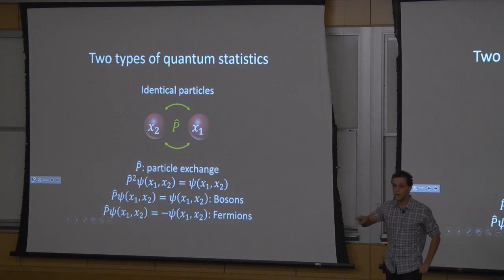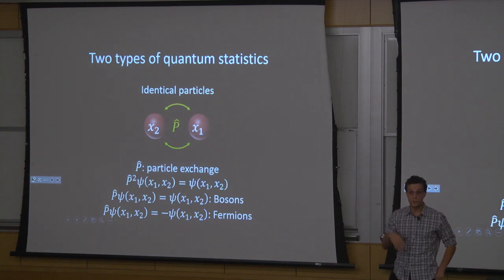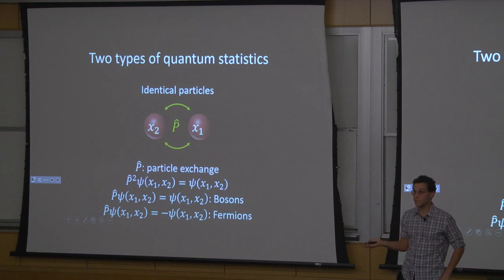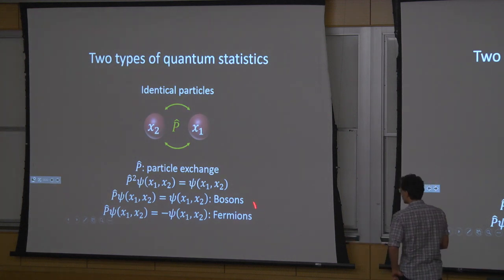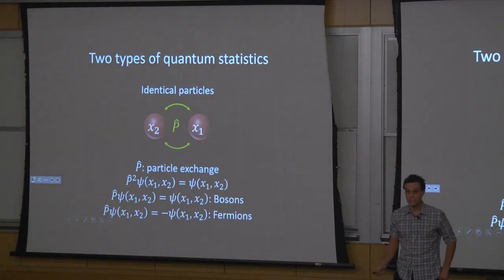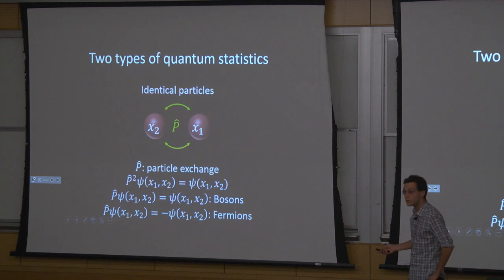Either when you interchange particles you get the same wave function back, or you get the same wave function back with an opposite sign. Those are the two options. One of those exchange statistics corresponds to bosonic statistics, and one corresponds to fermionic statistics. And all the particles we know about in nature that we regard as fundamental are one of these two things.